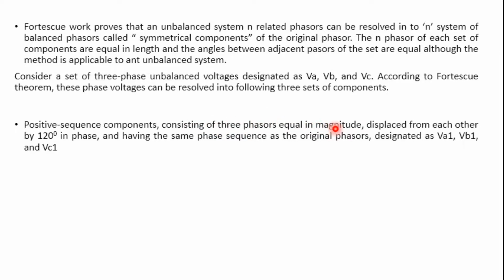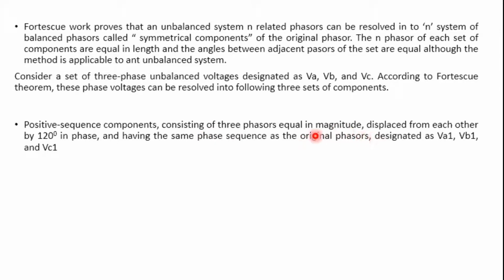These are equal in magnitude and displaced from each other by 120 degrees in each phase. Because we are considering a three-phase system, the angle between one and another is 120 degrees, but the magnitude should be the same. They have the same phase sequence as the original phases.